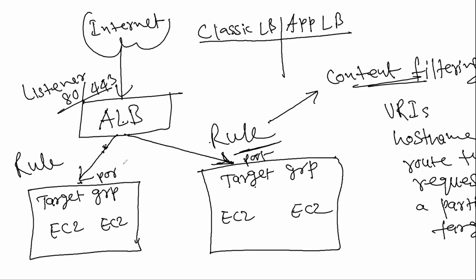When we register, we defined some port, say like 8080. So application would be listening on one particular port in case of classic LB. That port was fixed actually.